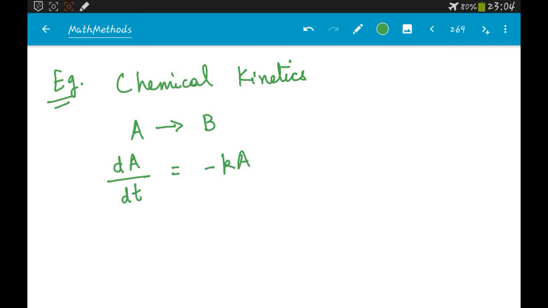And what is the order of this differential equation? When you want to determine the order of a differential equation, you look at the derivative of the variable with respect to another variable. So here the derivative of A with respect to time is the first derivative. So the order of this equation is 1.